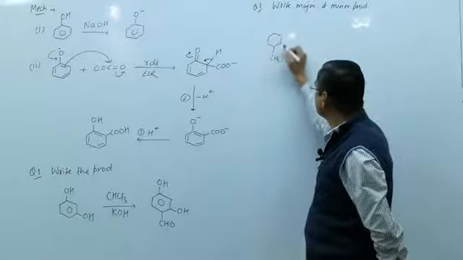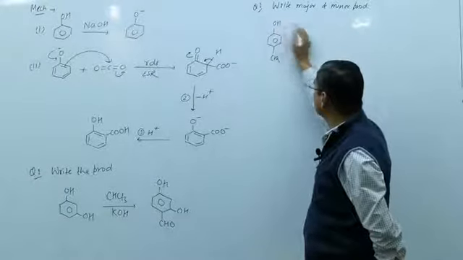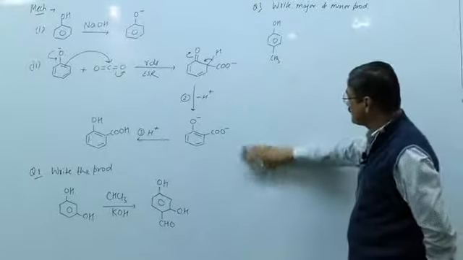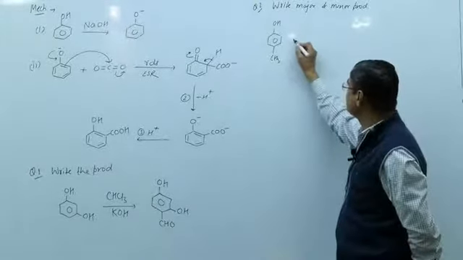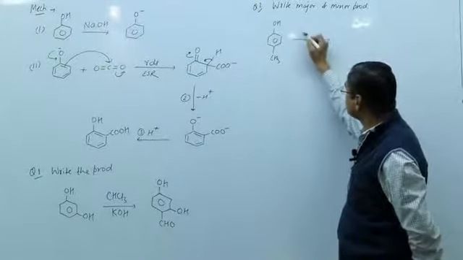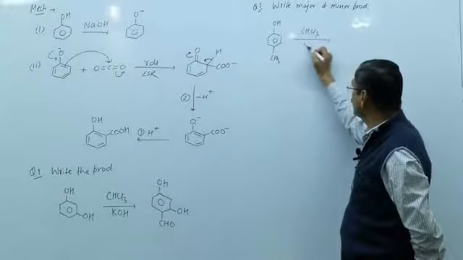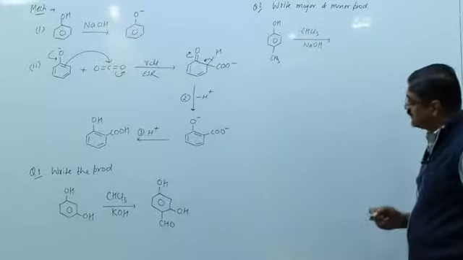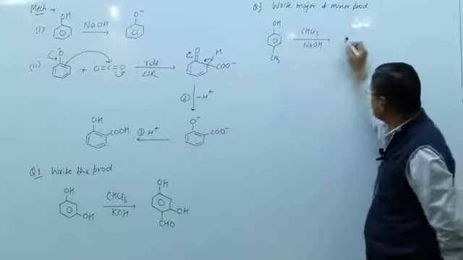Suppose ortho position is already occupied by some groups, or para position is occupied by some groups. Then on reaction with chloroform plus base, there is only possibility at ortho position.